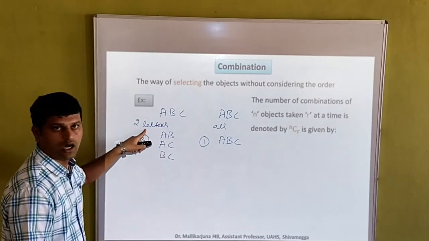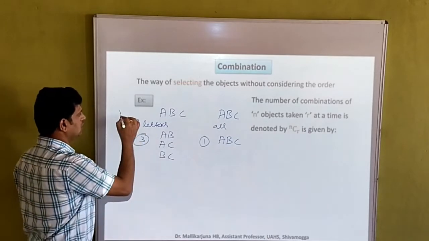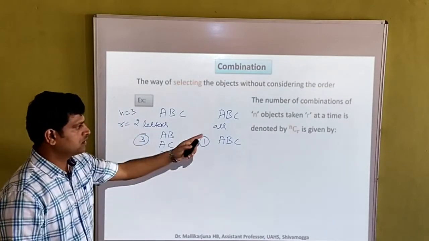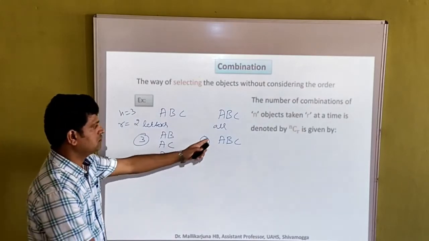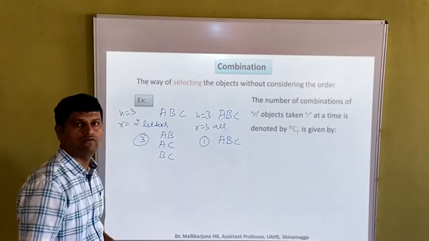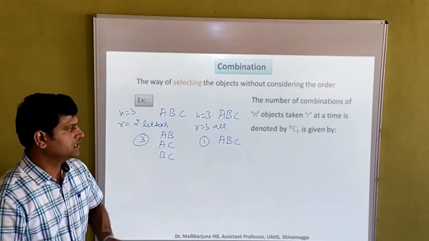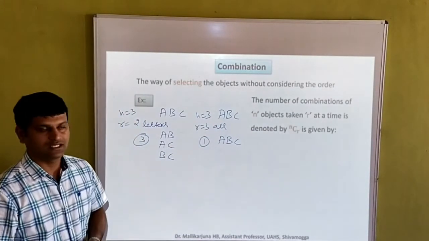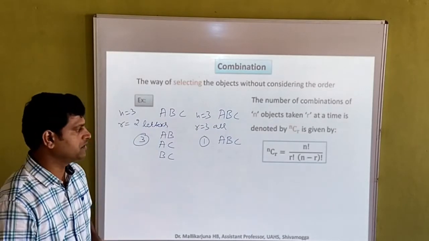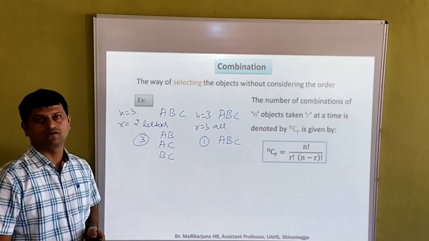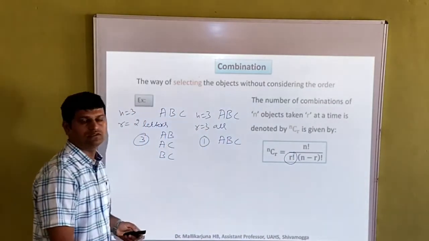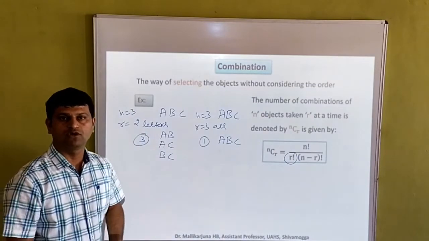Here n is 3, r is 2; here n is 3, r is 3, so all the letters we have taken. It is denoted by nCr, given by nCr equals n factorial divided by r factorial times (n minus r) factorial. Only this r factorial is extra compared to the permutation formula.